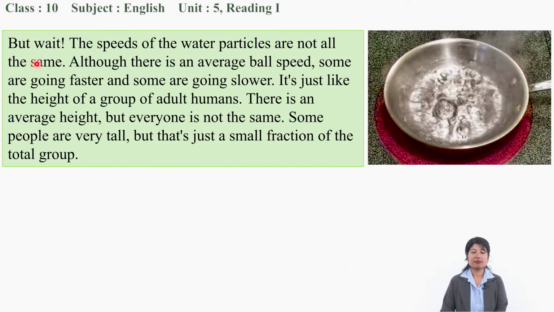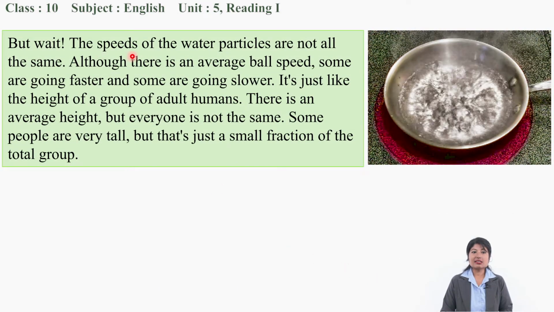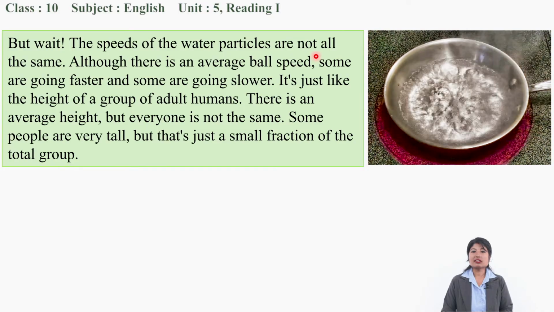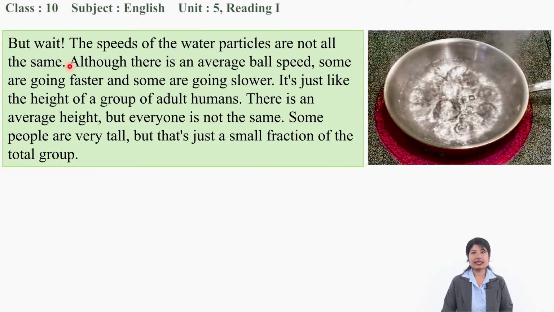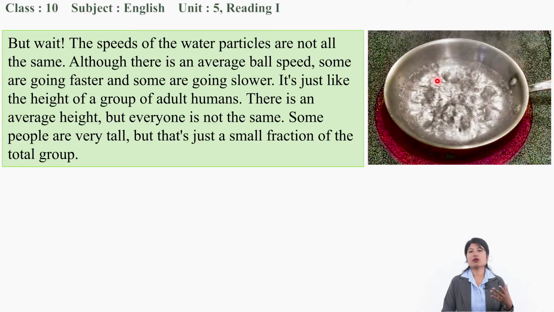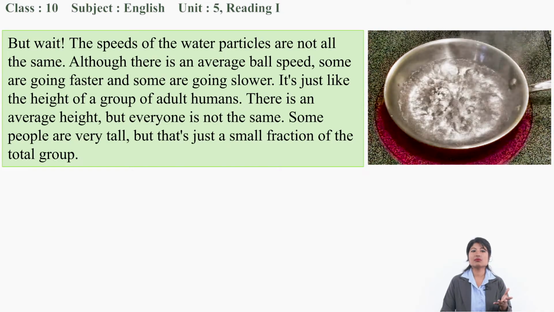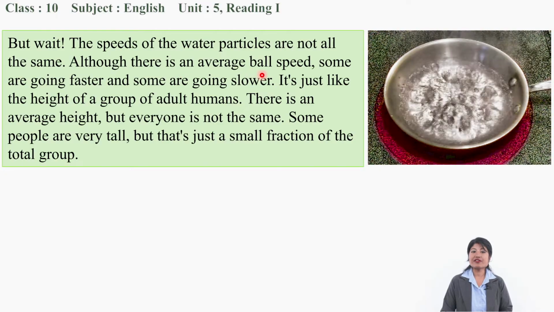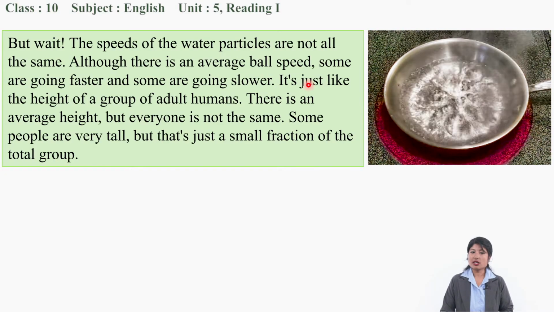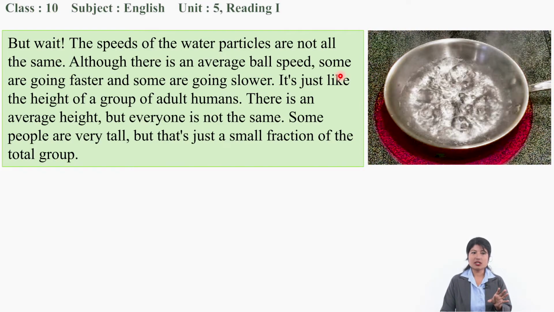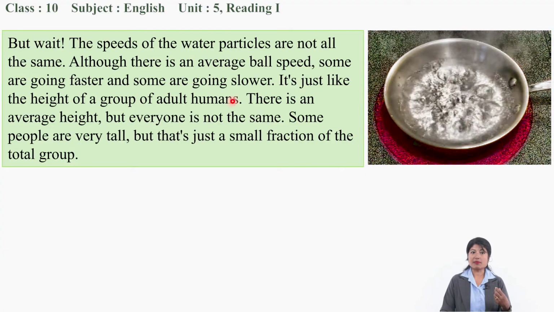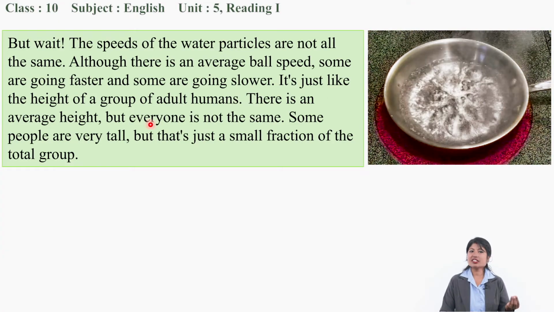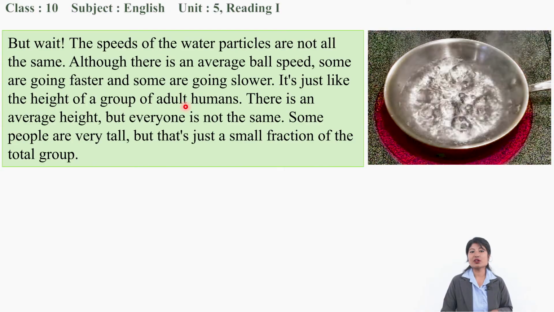But wait, the speeds of water particles are not all the same. All molecules do not move in the same way. Although there is an average speed, some are going faster and some are slower. It's just like the height of a group of adult humans.